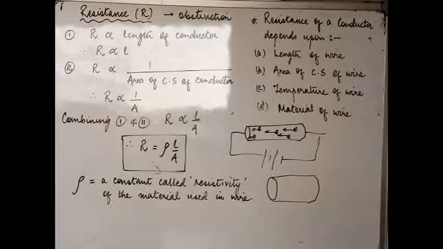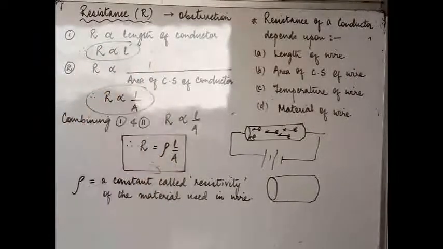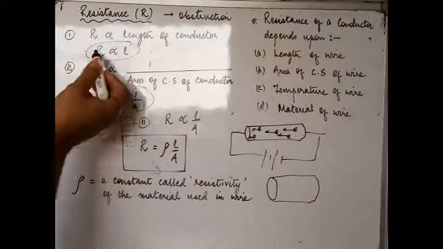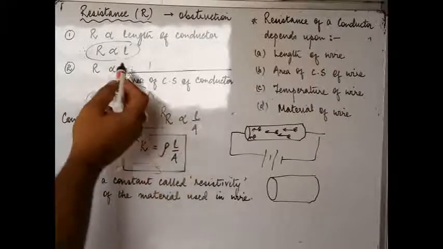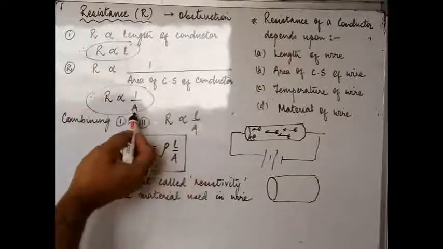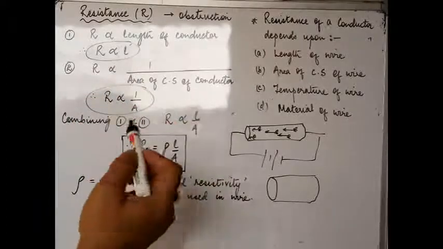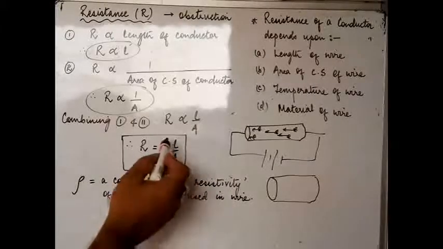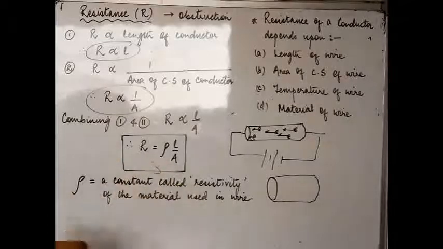So this is the first relationship and this is the second relationship, and when I combine these two, I can easily write, this is the same resistance. R will be proportional to L, because L is a direct relationship and A is an inverse relationship. Combining these two, I get this, and when you remove the proportionality sign and the equality sign comes, there is a constant that comes, and this constant is known as rho.